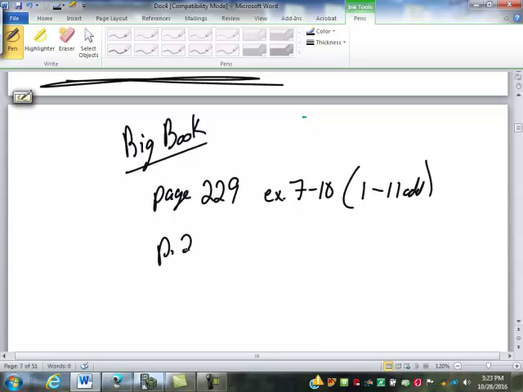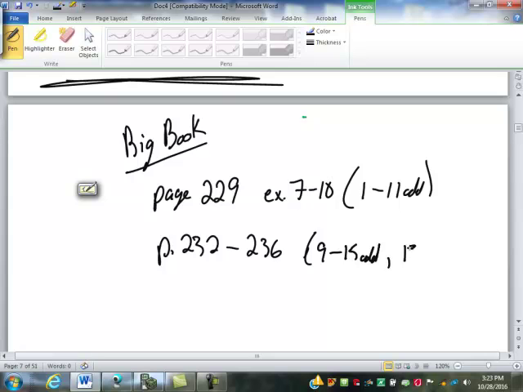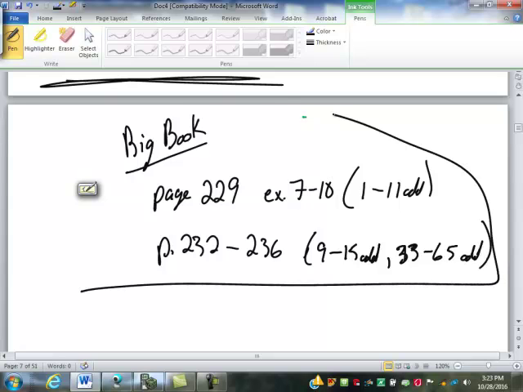And page 232 through 236, actually just unit exercises. So you're going to be problems 9 through 15, the odd, and problems 33 to 65, the odd. So I'll give you guys the last 6 or 7 minutes here to get started on those.